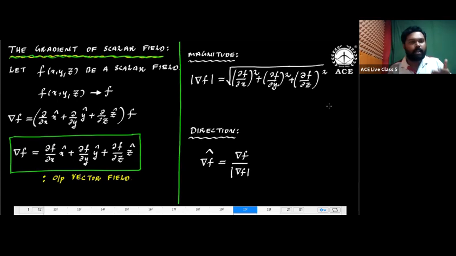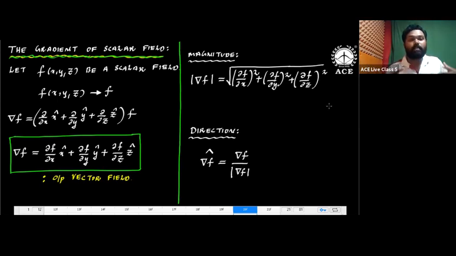Temperature is just a number, 22 degrees, 28 degrees, 36 degrees. But you are going in different directions. In this direction temperature is increasing, in this direction temperature is decreasing.